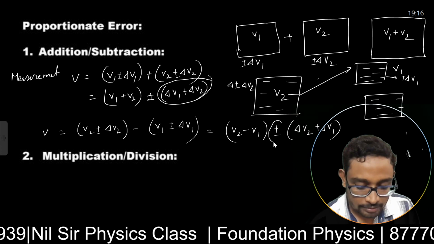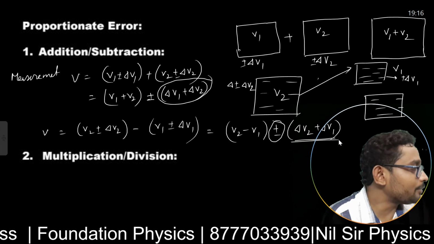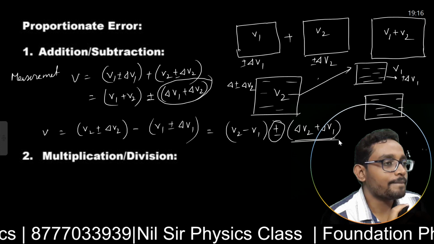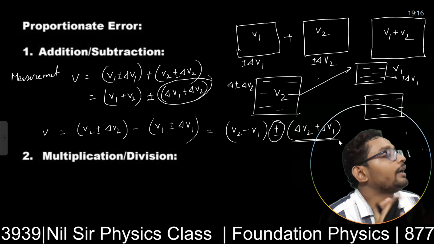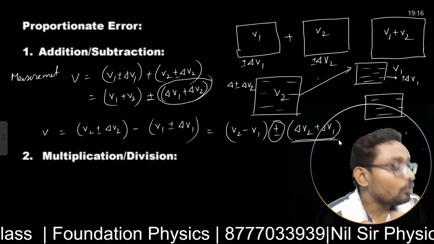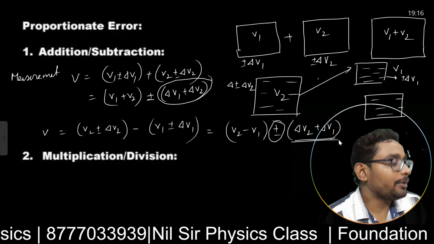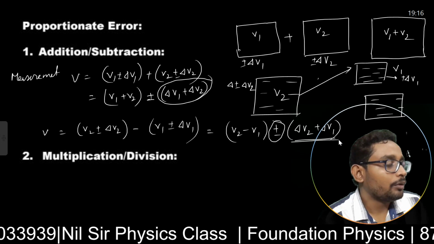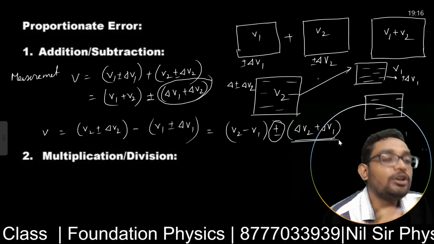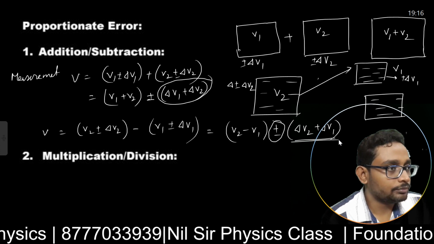So your error will be plus or minus, but the total error will always add, no matter whether you add or subtract. So there is no case where you can subtract the error. For multiple measurements you are not going to remove error; you will never remove it.